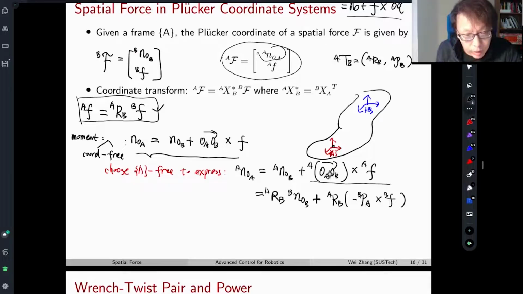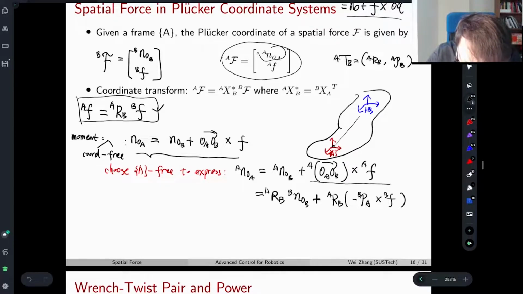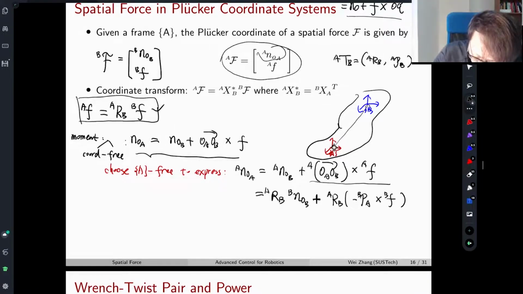And this guy is negative P_A in A, because, no, sorry, I think this vector is from A to B. That's point A in B, and times negative.